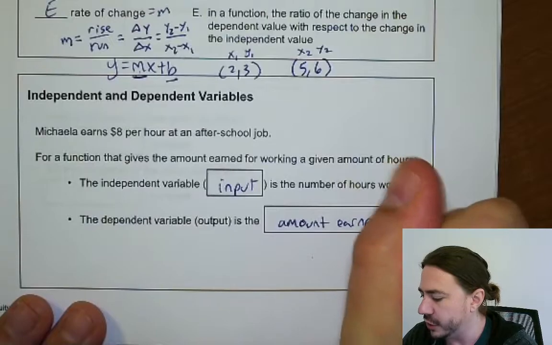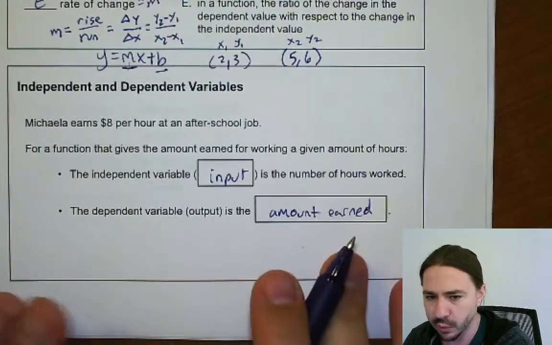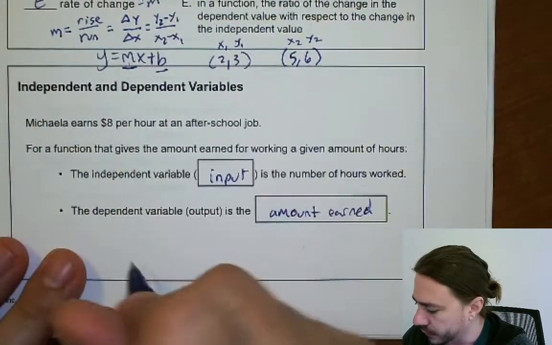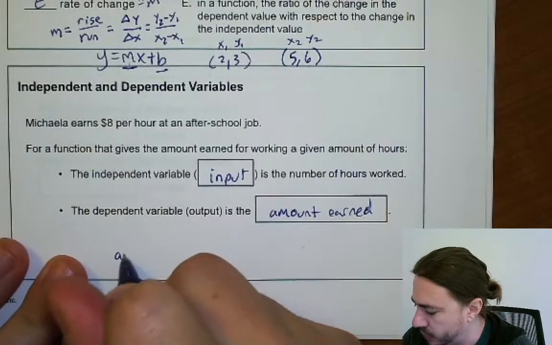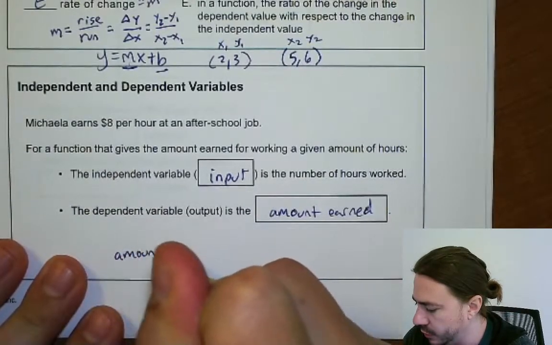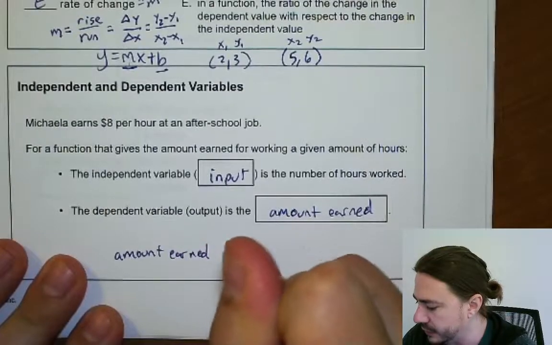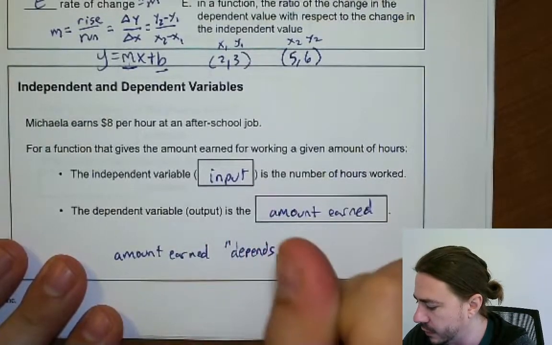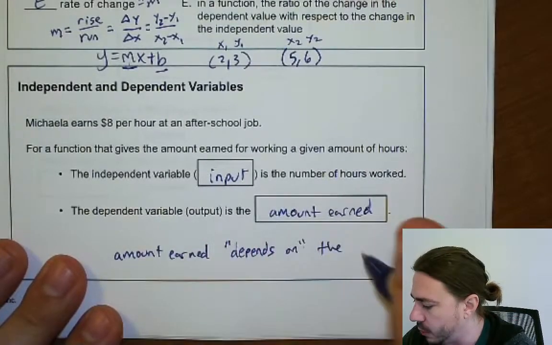There's two ways that you can describe this. One way is to say that the amount earned depends on the hours worked.